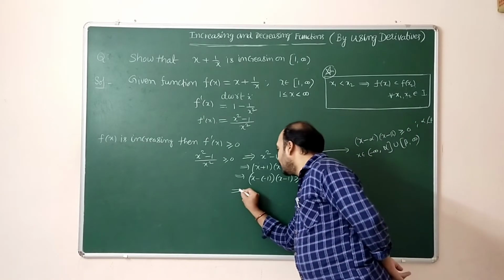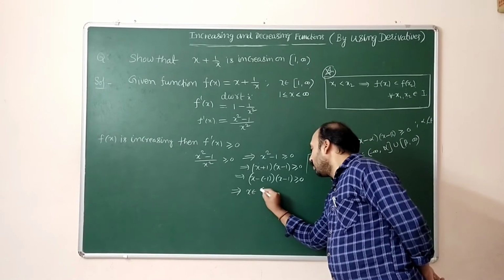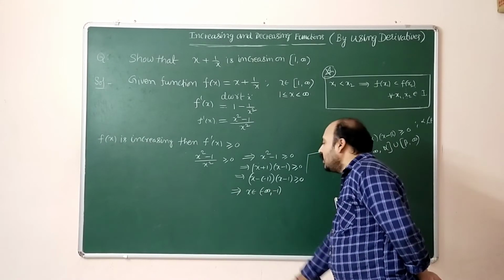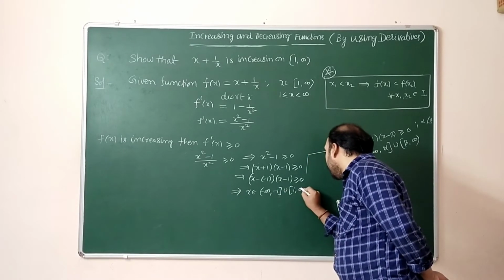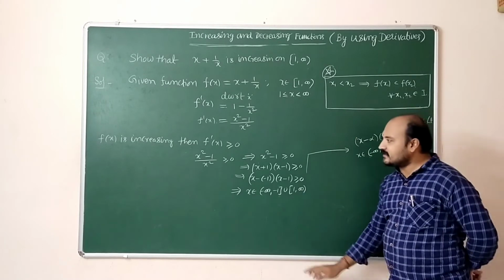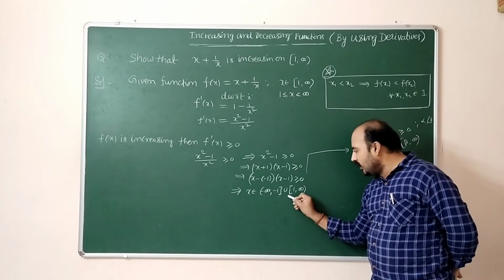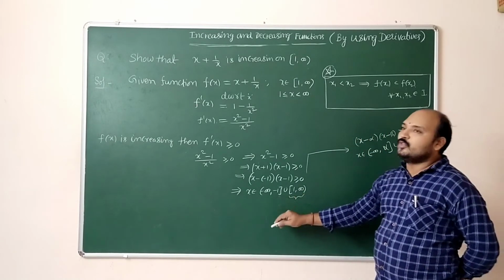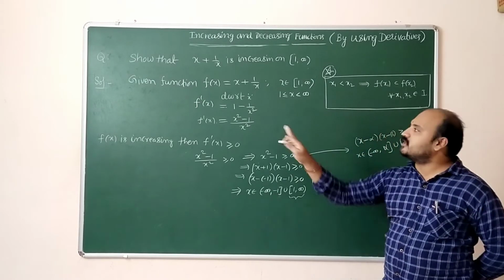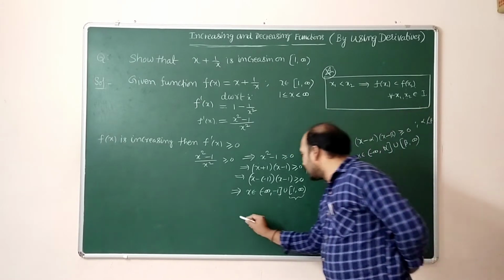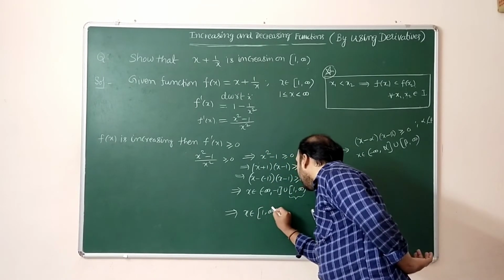So that implies x belongs to open interval of minus infinity to closed minus 1 union closed 1 to infinity. But they are asking to prove the function is increasing. This function is defined for only closed 1 to infinity. If you take any value of x in between, the function is not at all increasing. So, x belongs to closed 1 comma infinity.